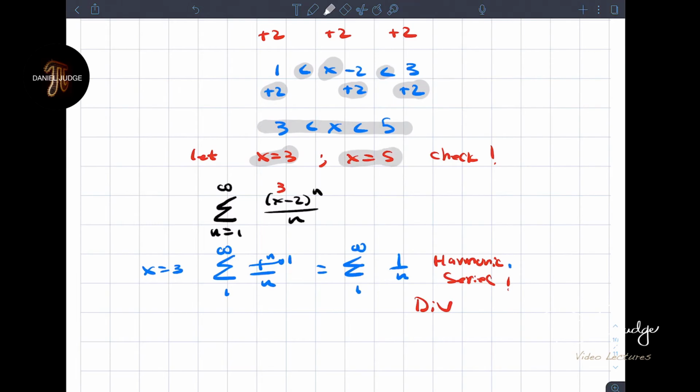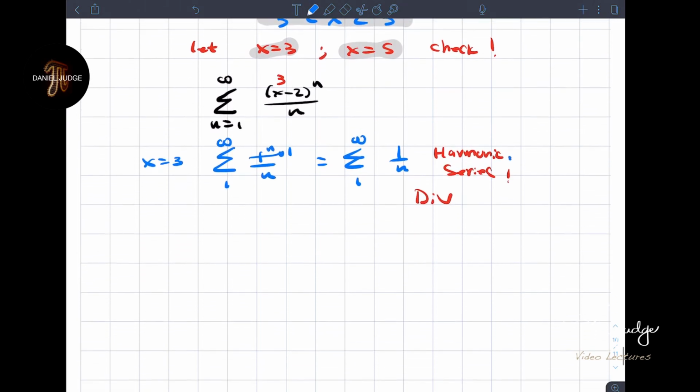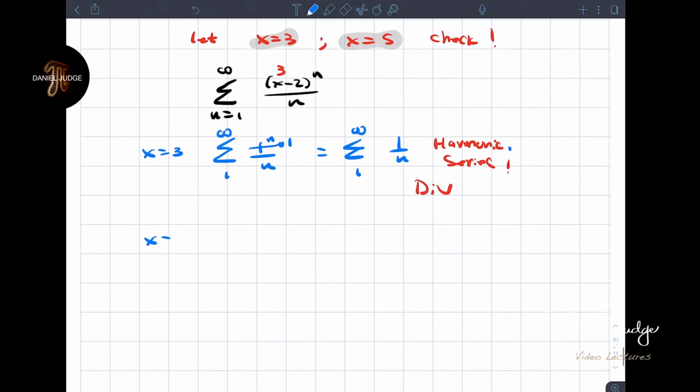Check when x is 5 now. You're going to plug in for the series now 5. You go, okay, what do we get here? We plug in 5 here. We get 5 minus 2, which gives us 3 to the n over n.